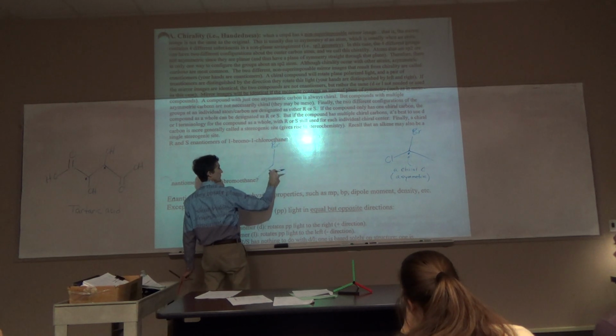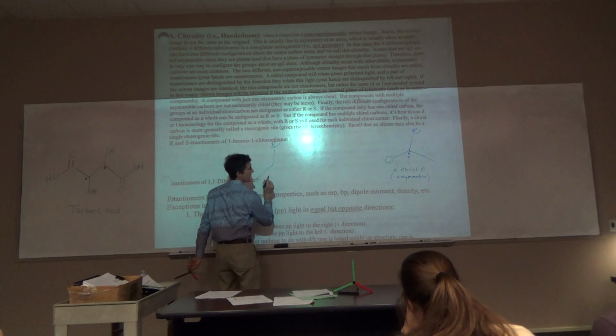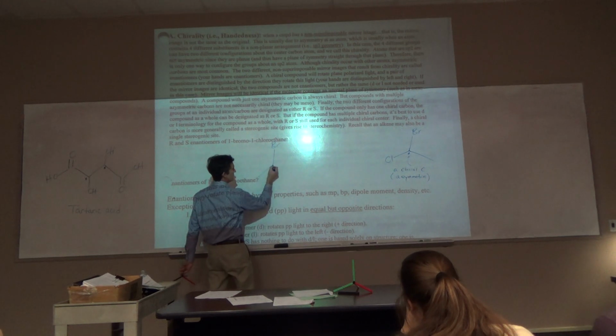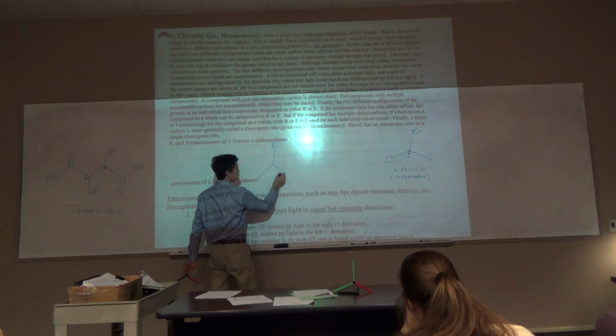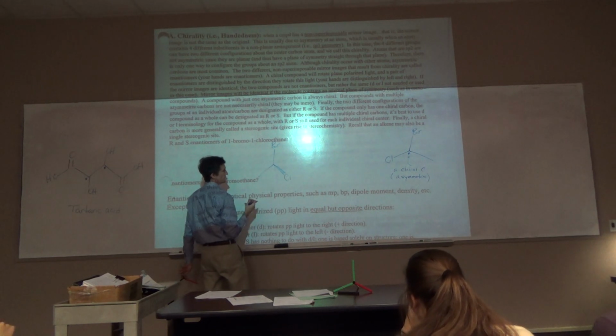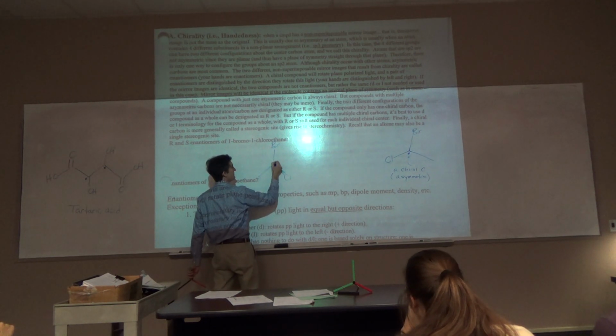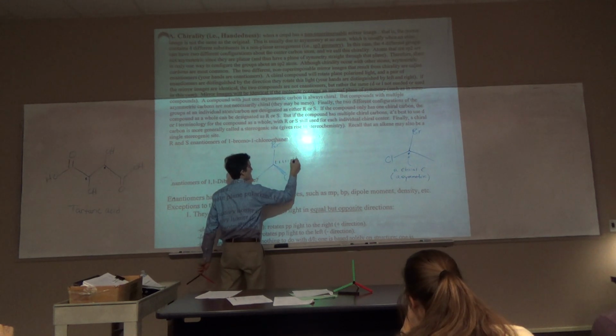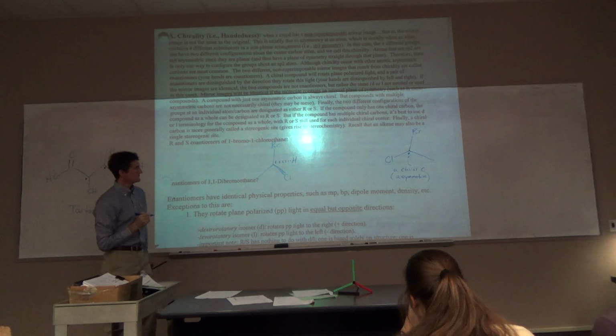Here we're going to make this the carbon. But let's make it tetrahedral. Let's put the chlorine forward. We could put the H forward, but I put the chlorine forward. Let's put the H back. Now we're showing stereochemistry of this compound.